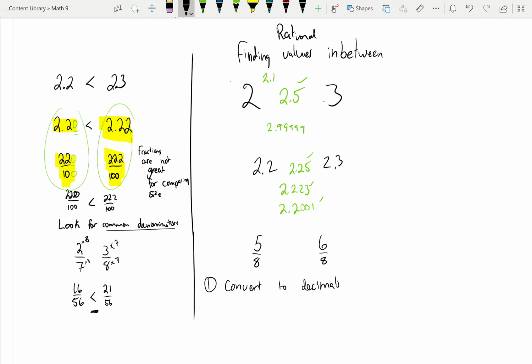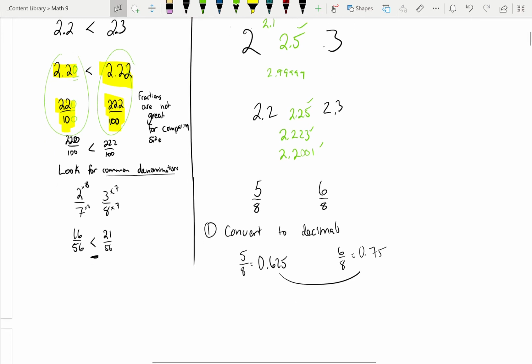In this case, I can convert 5/8 and just turn it into a decimal with a calculator. And you'll notice, again, solving these as decimals is going to be really easy. So I can convert 5/8 to be 0.625 and 6/8 to be 0.75.